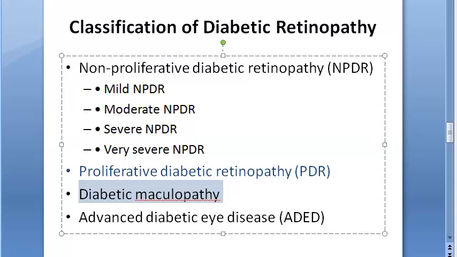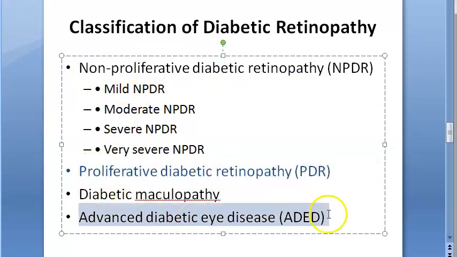So just note that here there can be neurosensory detachment. And you know that this non-proliferative can become proliferative, and this proliferative can become advanced diabetic eye disease, ADED. So this proliferative can then become uncontrolled proliferative diabetic retinopathy. End result will be this advanced diabetic eye disease.